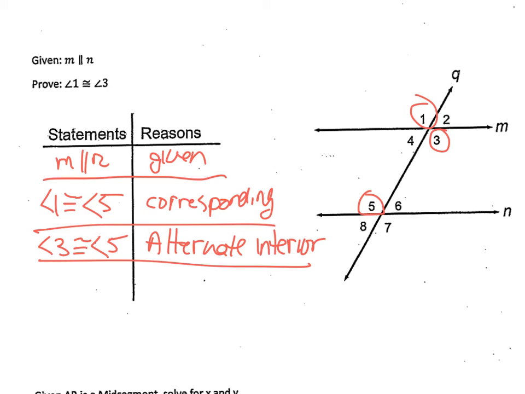So as a result, I could say that angle 1 is congruent to angle 3. Because this 5 repeats twice, I could substitute in the 1 for the 5, and so that's by substitution.